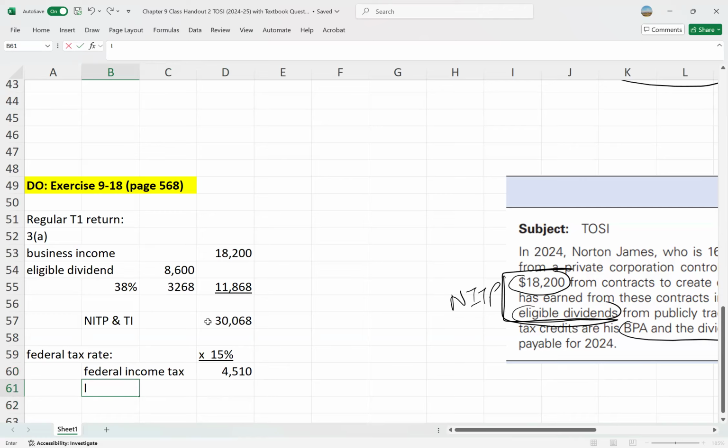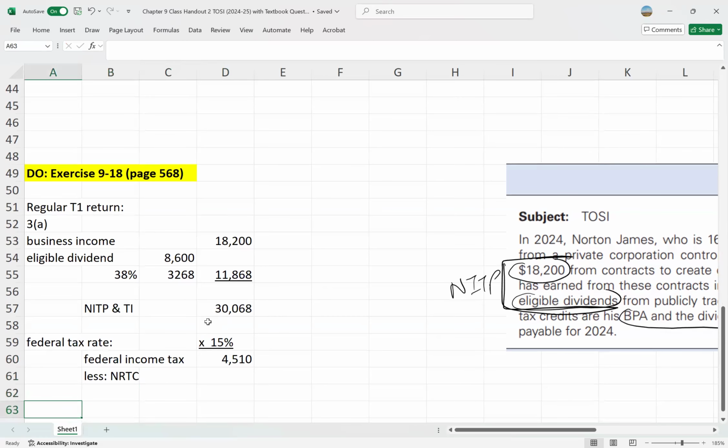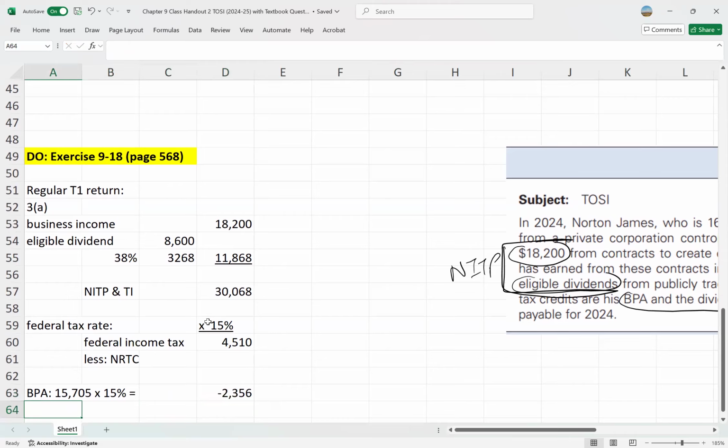And then we will subtract the non-refundable tax credits. First, we have the basic personal amount. Once again, that was 15,705 times 15%. That's going to be a tax credit of 2,356. And then the dividend tax credit. This is an eligible dividend.